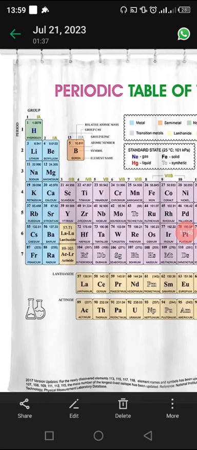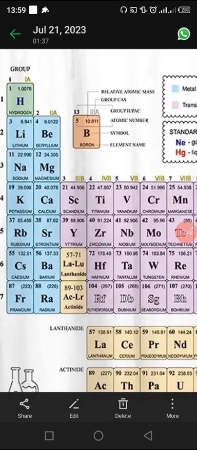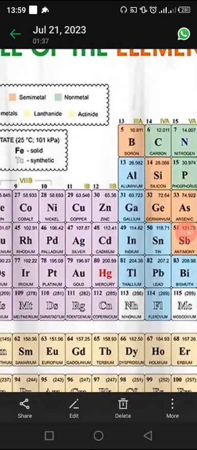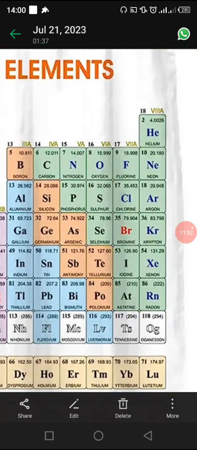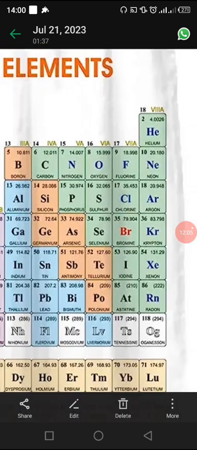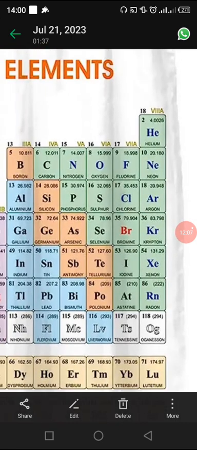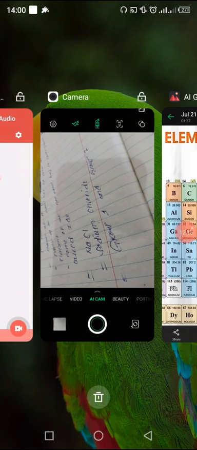So if I get sodium in group 1, and I also get fluorine, fluorine is in group 7, with the chemical symbol F. Now watch what's going to happen here.